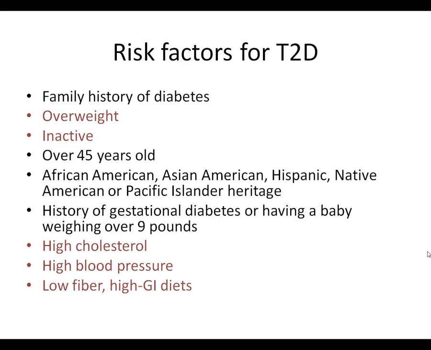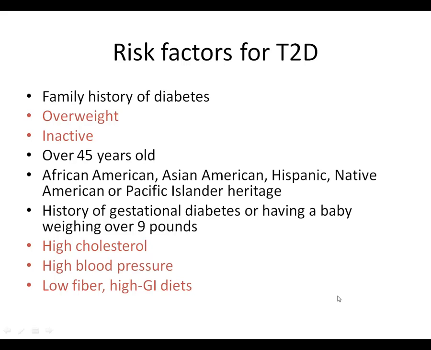Okay. So in that list, these factors, overweight, inactive, high cholesterol, high blood pressure, and low fiber, high GI diets, all of those are environmental factors. And of these, the incidence of obesity and inactivity has increased recently.